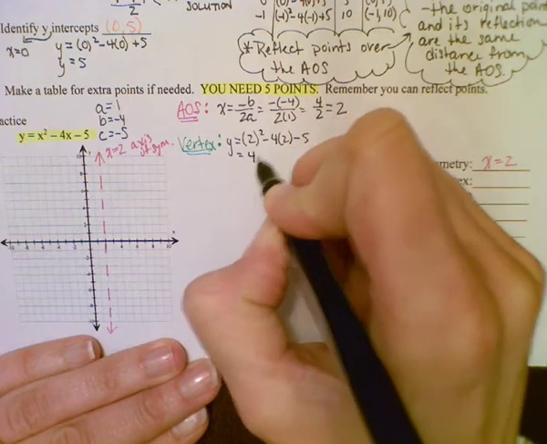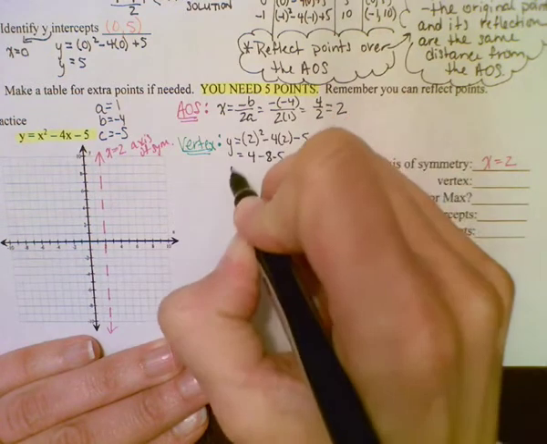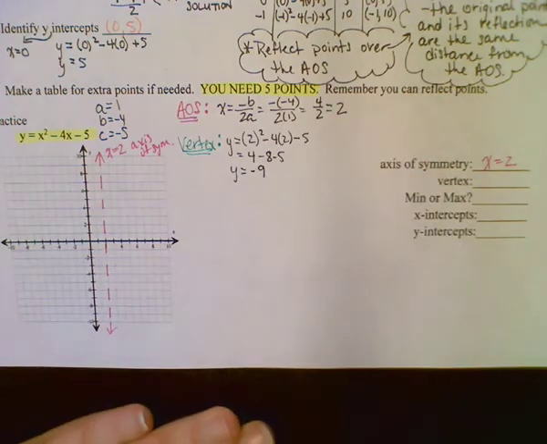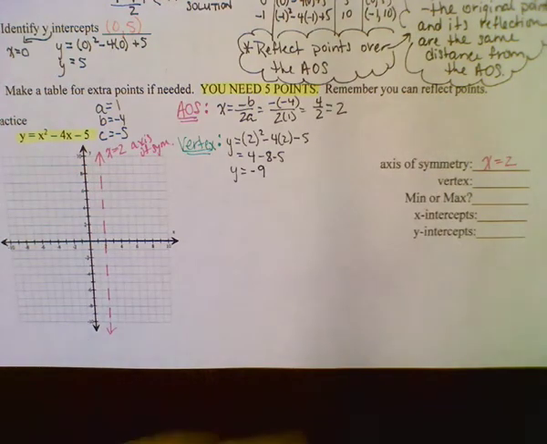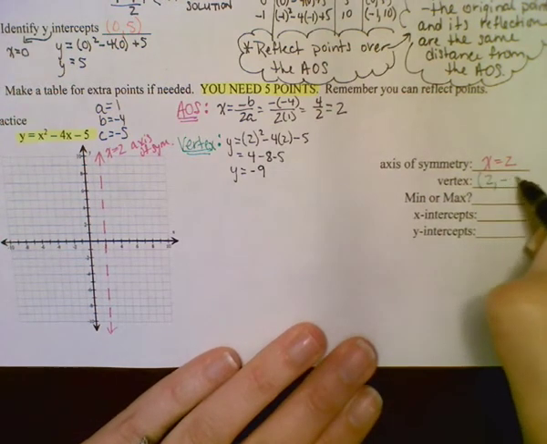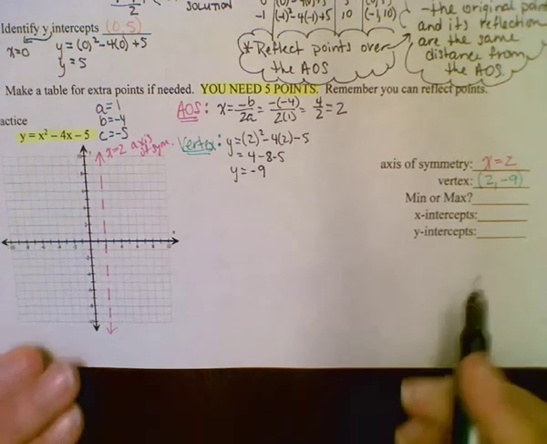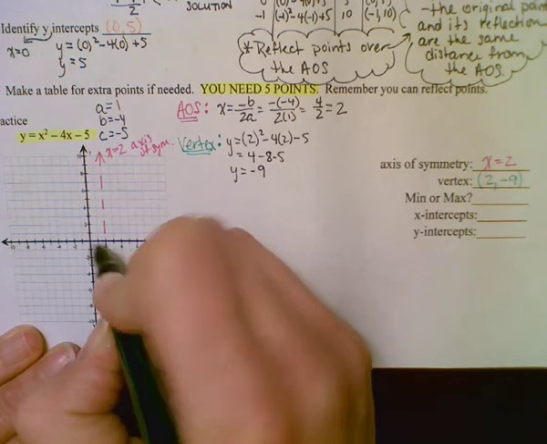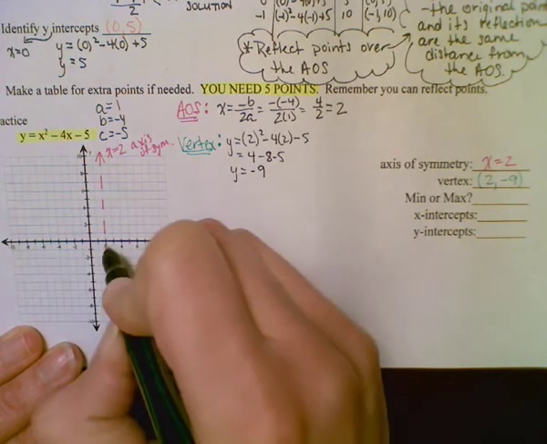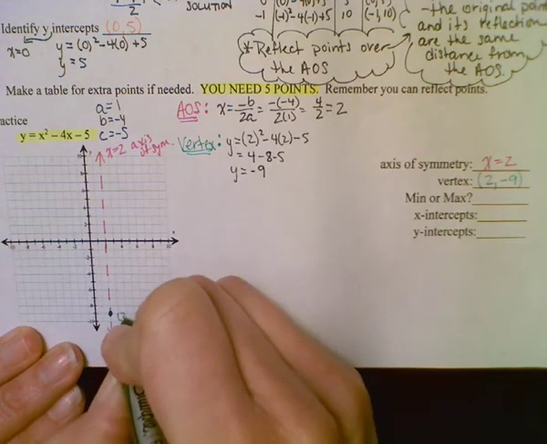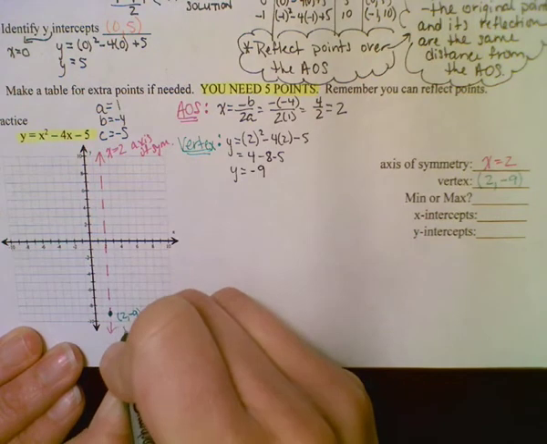It'll give me 4 minus 8 minus 5, which gives y equals negative 9. So our vertex, where x is 2, is the ordered pair 2, negative 9. I can go 2 on my x-axis and then down to negative 9, and that puts my vertex on my axis of symmetry. I'm going to label that as well.